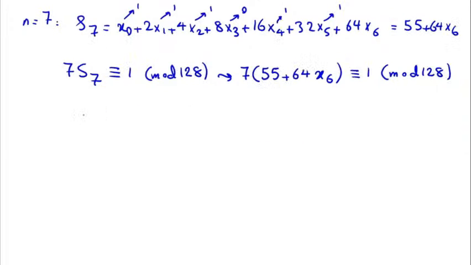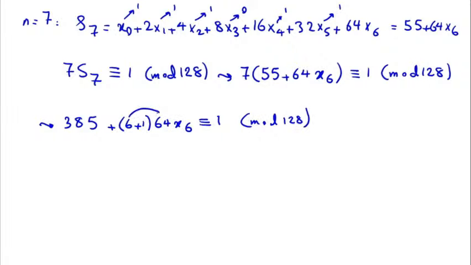7 times 55 will be 385 plus 7 times 64x6. Instead of 7 you can say 6 plus 1 times 64x6 is congruent to 1 mod 128, but 6 times 64 is a multiple of 128, so you can cancel that, it will be 0. So we conclude 385.